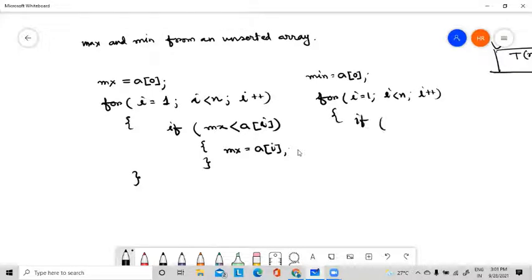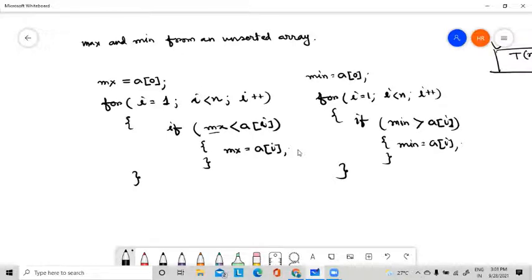Then if min is greater than any element, then min becomes that element. So this is the calculation of minimum. I am doing the same thing, only using a different condition: max less than and min greater than.